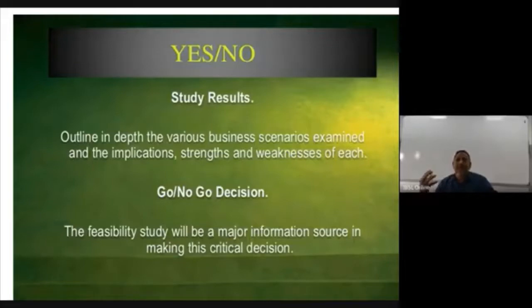What are the study results? Outline the various business scenarios examined and the implications, strengths and weaknesses of each. Do an in-depth study before we make a conclusion. Based on the result, we have to take a decision whether we are going to continue with the business or exit.